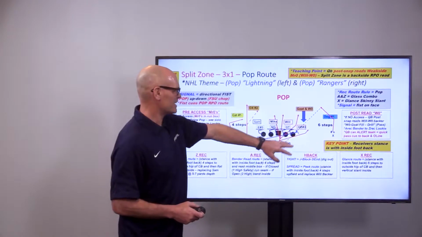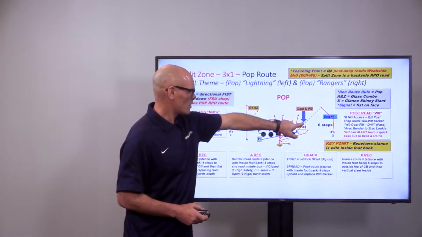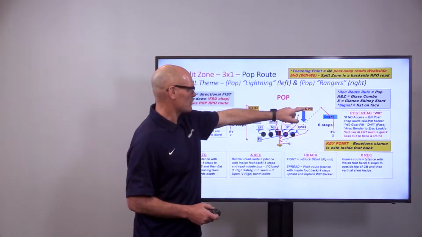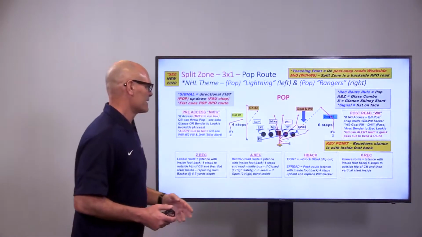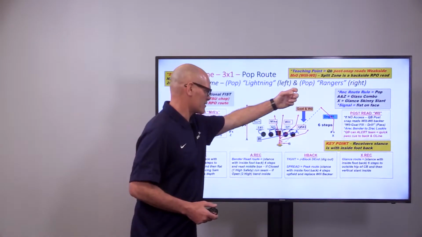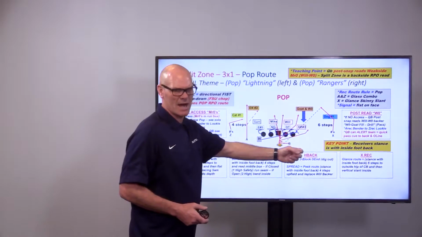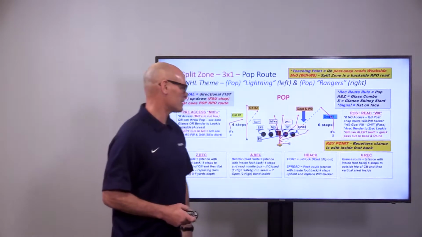In this case, you can see, and I'll show you on film, again, if there is no weak side outside backer or woo, it is actually what we call the GOAT, is the backside safety. And this is what I'm talking about. Defenses using safeties to replace down into the box. We're going to replace the replacer with a glance route.